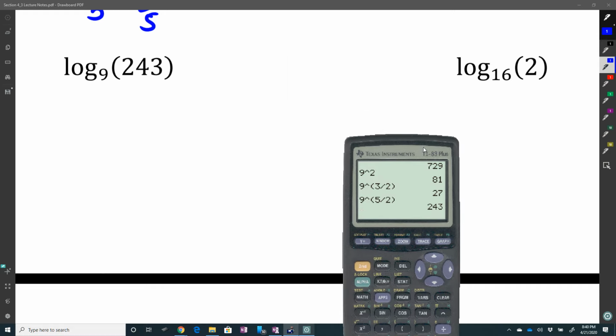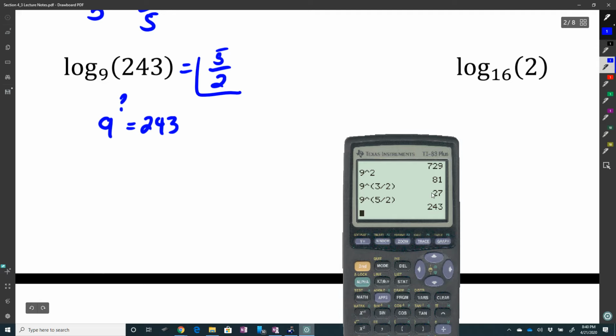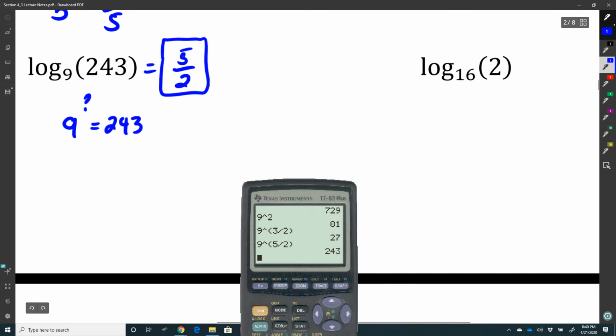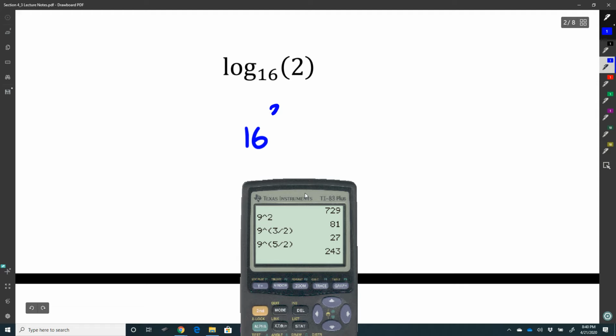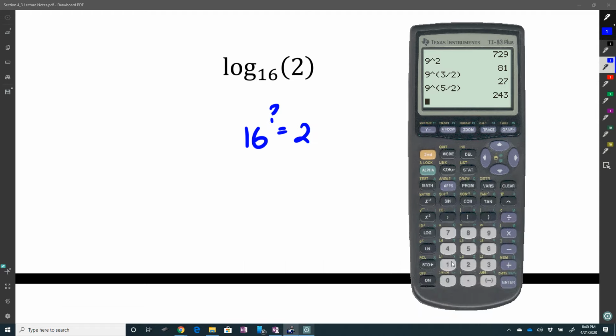Yeah, so the answer here is 5/2. 9 to the what equals 243? 5/2. 16 to the what equals 2? I think this is the fourth root. 1 divided by 4. Yeah.